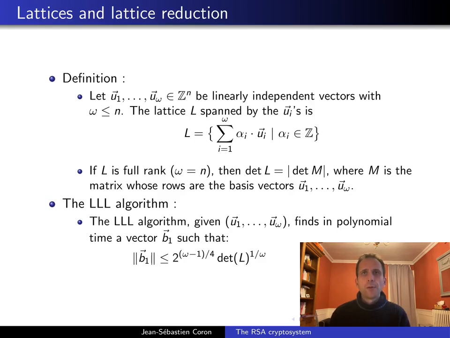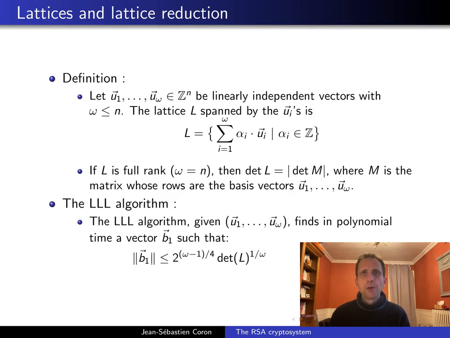What we know is that the LLL algorithm, when given as input these omega vectors, is going to find in polynomial time a vector B1 which is a small vector of the lattice.